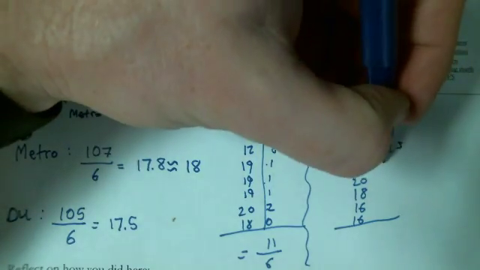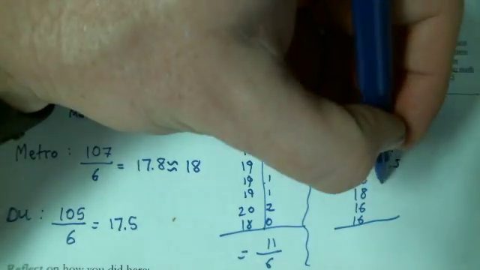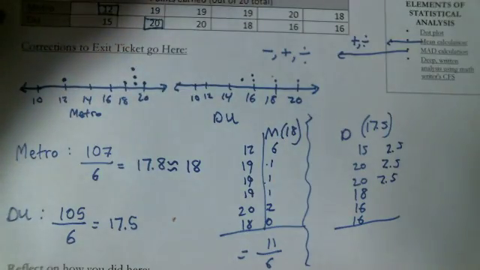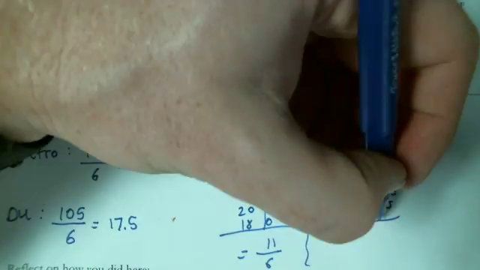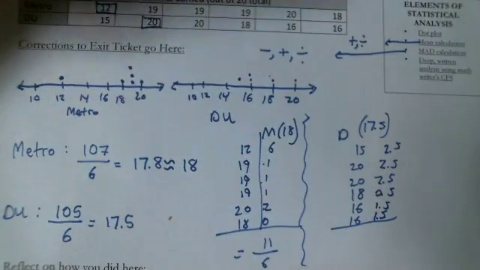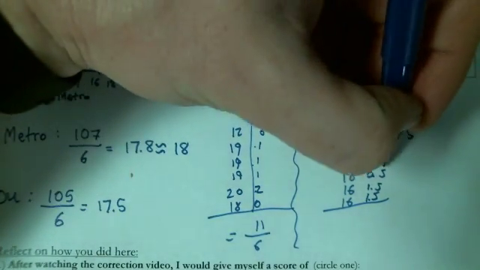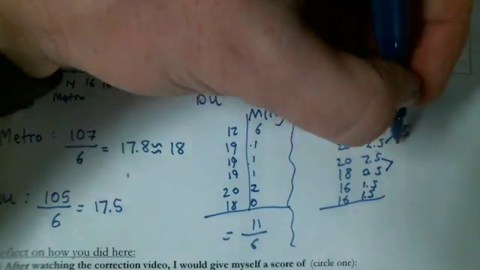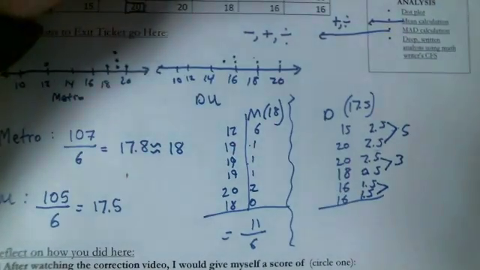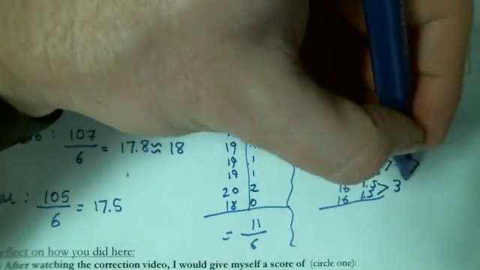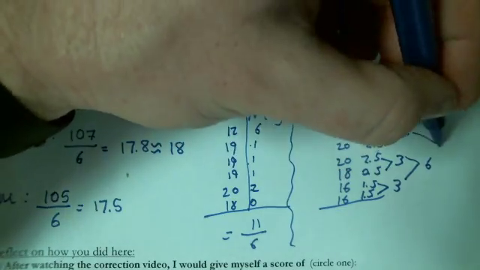And then the other side, we're still 2.5 away. 2.5. 18, that's going to be 0.5. 1.5. And another 1.5. So I add all those up, all right? I know 2.5 and 2.5, that's 5. 2.5 and 0.5 is 3. 1.5 and 1.5 is 3. 3 and 3 is 6. And 5 and 6 is about 11.